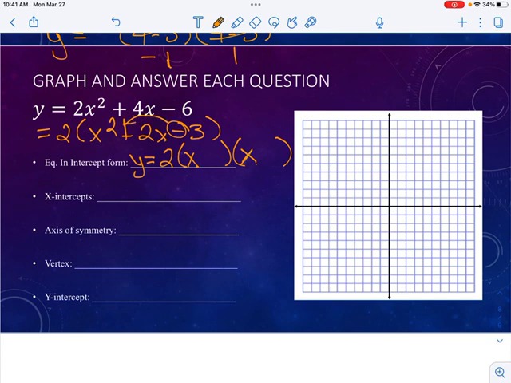I look back, my bigger sign is going to be a positive. So this is going to be plus 3 minus 1. So now I have x plus 3 equals 0, or I have x minus 1 equals 0. I go to solve it, so x is going to equal negative 3, or x is going to equal 1.